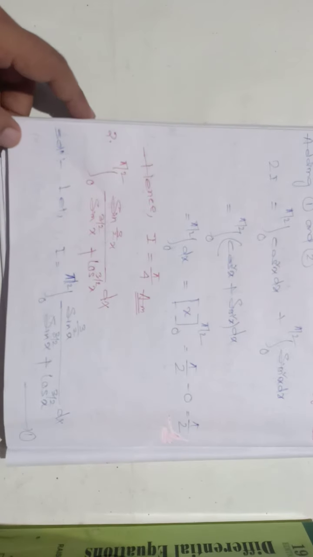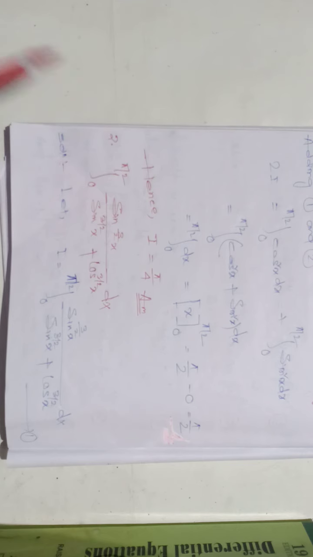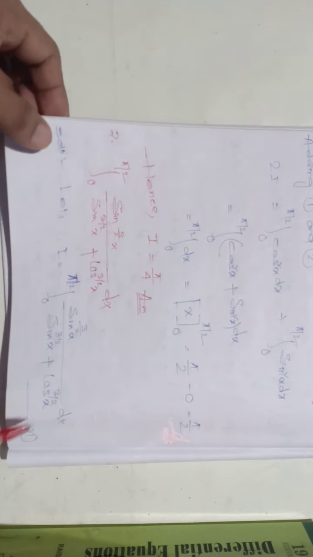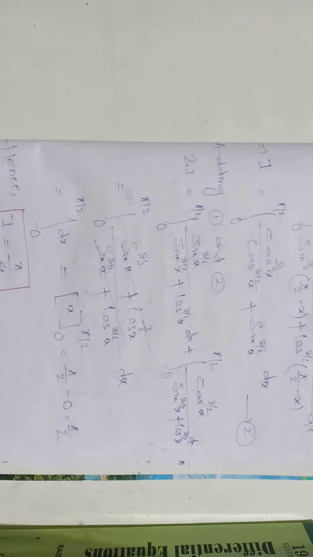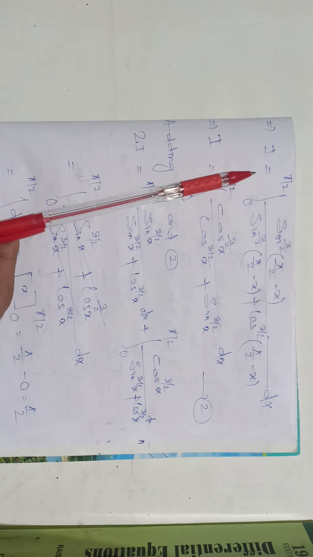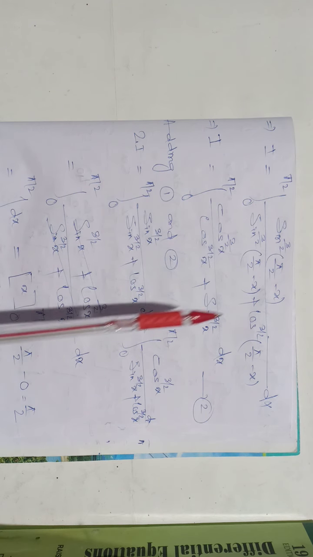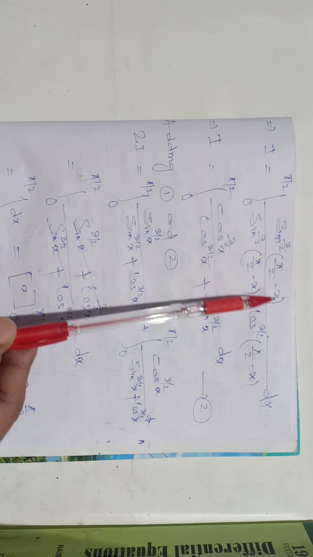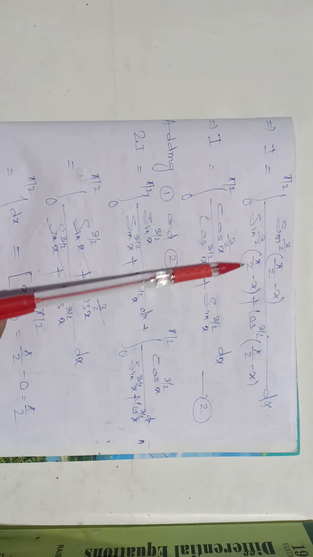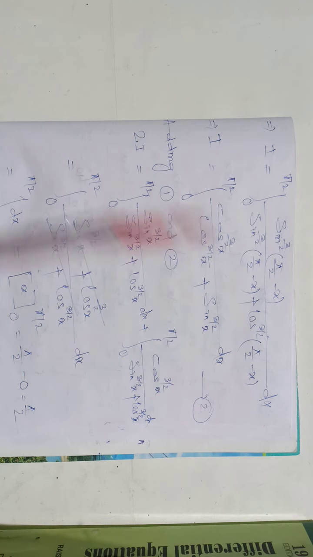Another question. 0 to pi by 2 sin to the power 3 by 2 x divided by sin to the power 3 by 2 x plus cos to the power 3 by 2 x. Let us take the integration equal to I. Now using the property 0 to a f(x) dx, we can write 0 to pi by 2 sin to the power 3 by 2 (pi by 2 minus x), here a is pi by 2, divided by sin to the power 3 by 2 (pi by 2 minus x) plus cos to the power 3 by 2 (pi by 2 minus x).